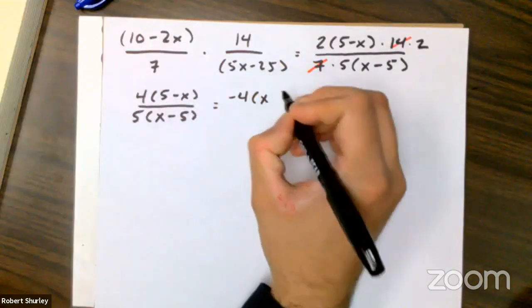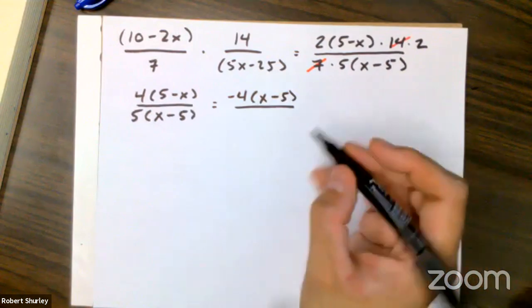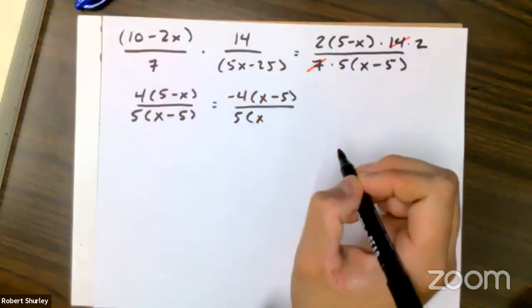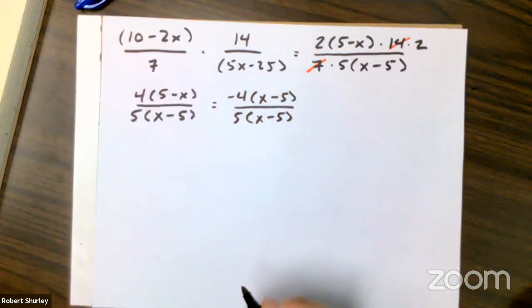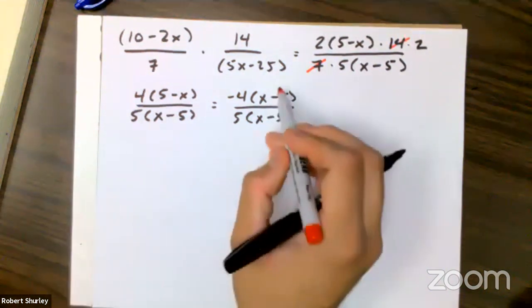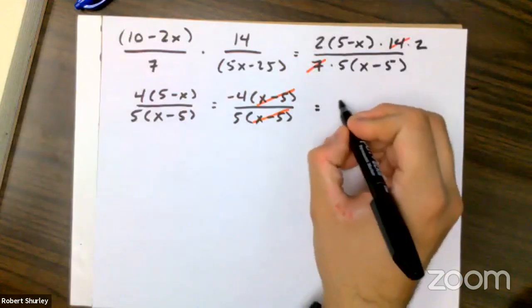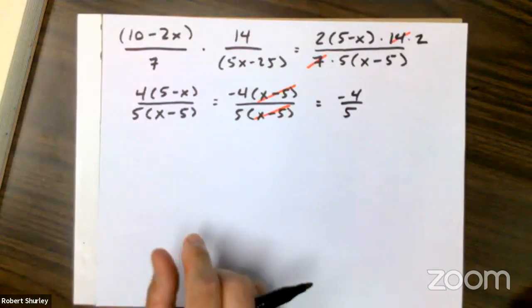And then this makes the binomial x minus 5. If you don't remember that trick, it's in a previous lecture. Did we go over that yesterday? Yeah, okay, it was yesterday's lecture. So it winds up being negative 4 times x minus 5 over 5 times x minus 5. And hey, now we have matching parentheses. And this goes all the way down to negative 4/5. Kind of neat, okay? Negative 4/5.